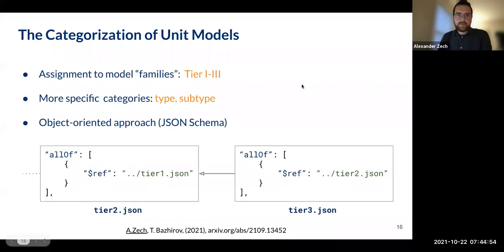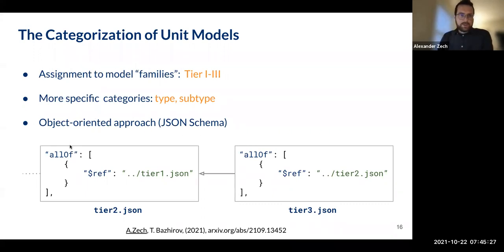So the hierarchy of the unit model categorization follows a certain structure. So we start with 3 levels, which we call tier 1 to tier 3. This is where we assign a given unit model to model families. And after that, it will be more specific with type and subtype. And the hierarchy also follows an object-oriented approach in the JSON schema.